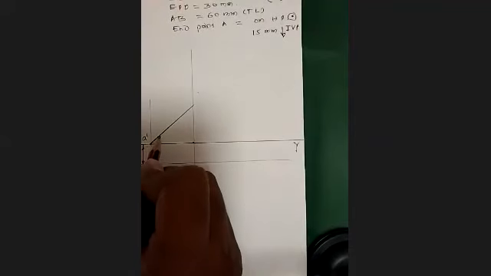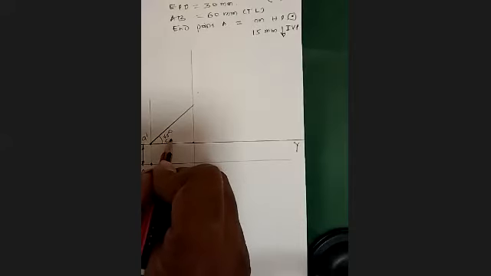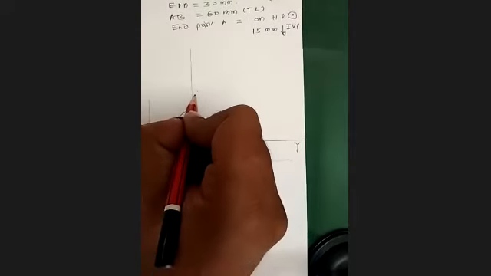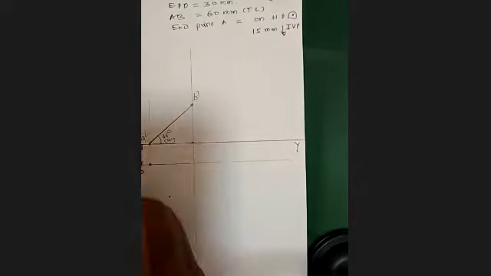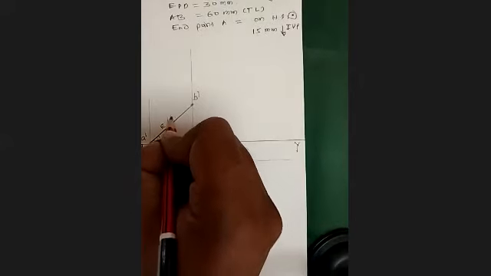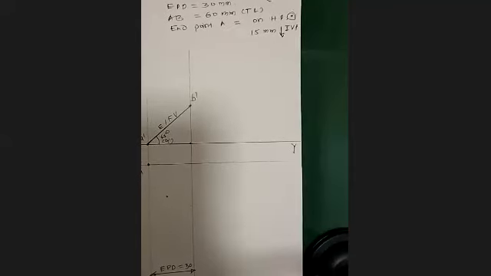If I take this 45 degrees, so that is B dash. Right, absolutely right. 45 degrees, I will be writing here alpha, and this is going to give the point B dash, and this is nothing but your elevation, or we can say front view.